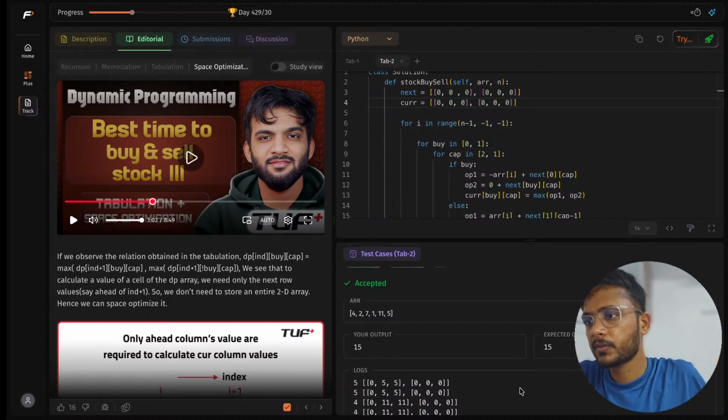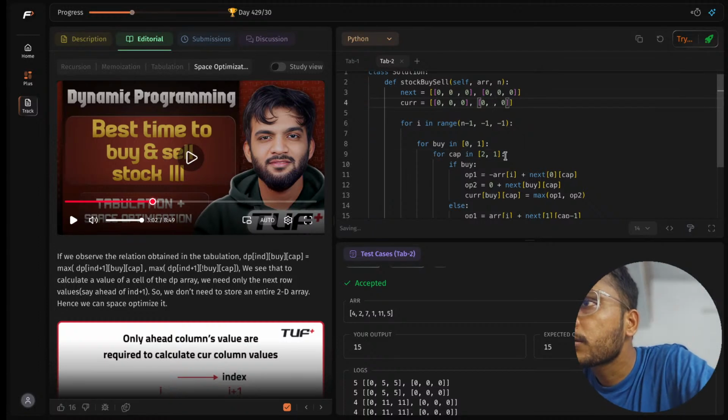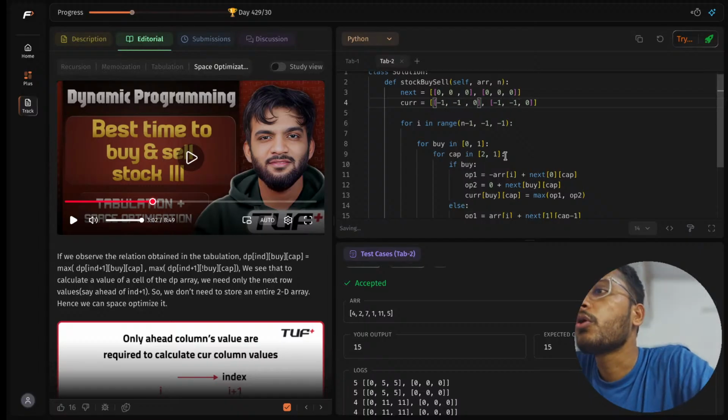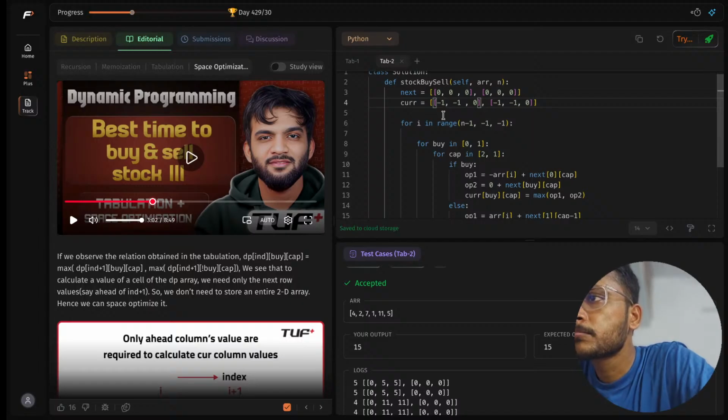Let me convert it back. Okay. That means for capacity 2 and capacity 1, you are keeping them 0, I mean -1.